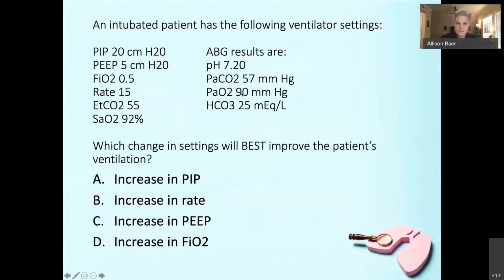So if we do that PF ratio and divide the PaO2, which is 90, by their FiO2, which is 0.5, that gives us 180, which means this kid is in ARDS. So changing their rate might help in the short term, but with this SAT, they're going to need an increase in PEEP.